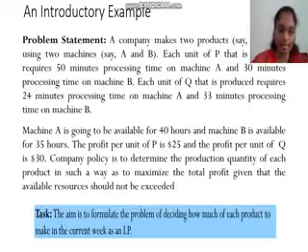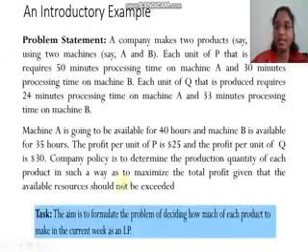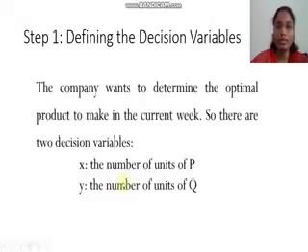The aim is to formulate the problem of deciding how much of each product to make in the current week as an LP. For this, the first step is to define the decision variables.